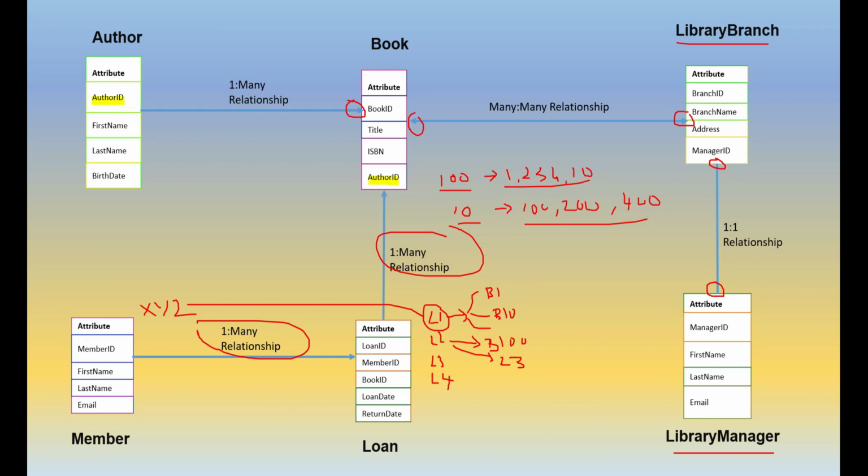Here, if you want to define a many to many relationship, how do we do that? It can be done using a dummy table. You can create a book library integration or book library relationship table, whatever you want to call it.